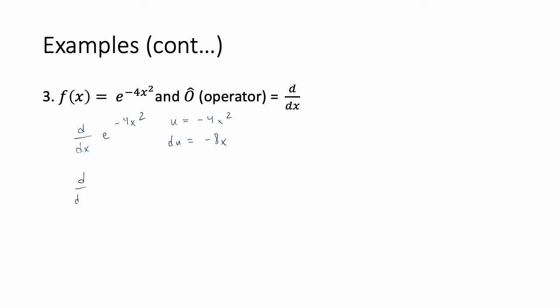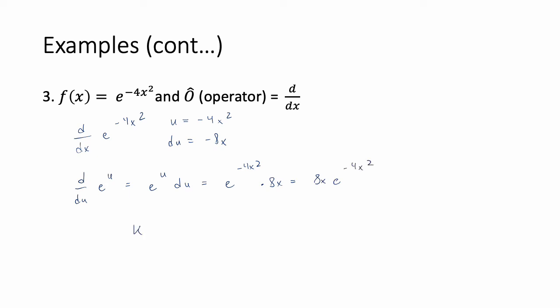So d du of e to the u. The derivative of this is e to the u times du. So I have e to the negative 4x squared multiplied by negative 8x, or negative 8x e to the negative 4x squared.